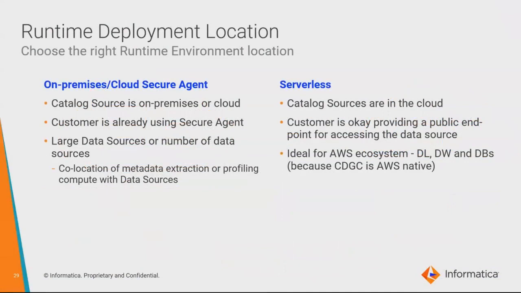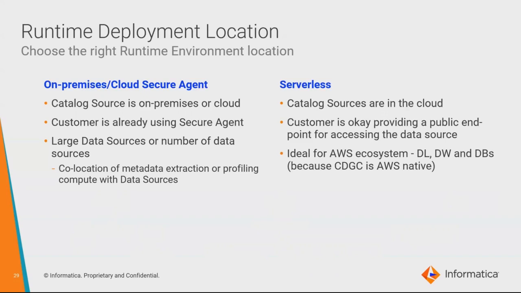Now, the second type of runtime environment that is available is the Informatica serverless runtime environment. This option frees you from managing and running server infrastructure, virtual machines, or containers. By saying so, it does not mean servers are not needed, but the responsibility of managing all the infrastructure and machine resources is with the provider.